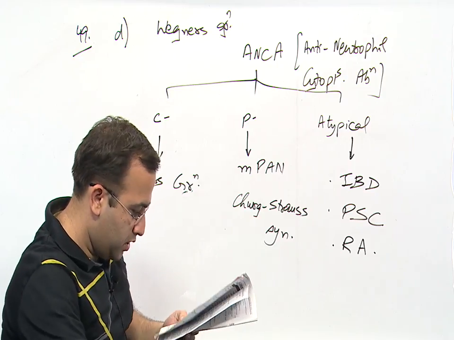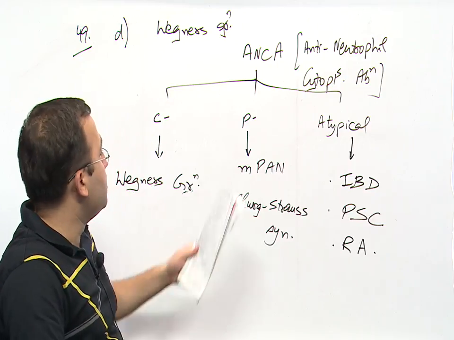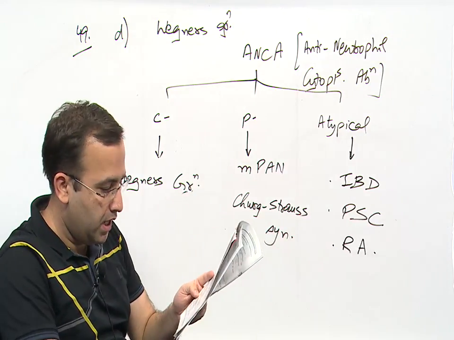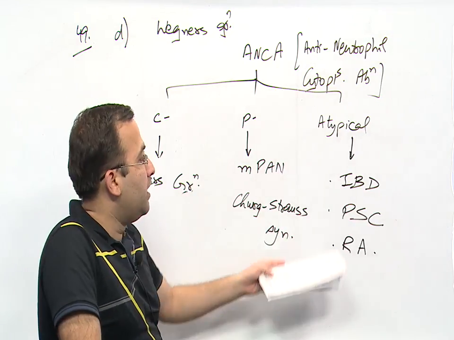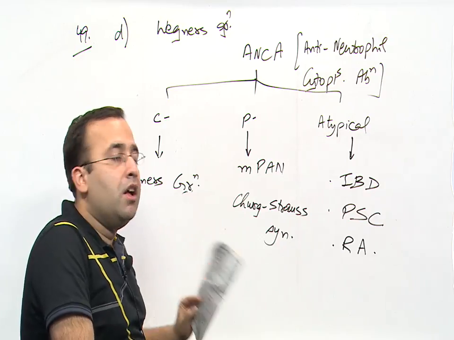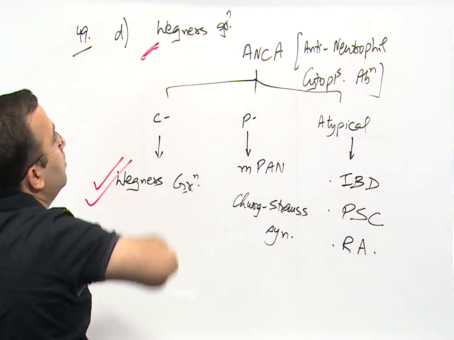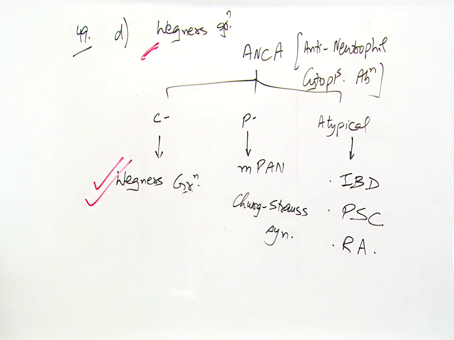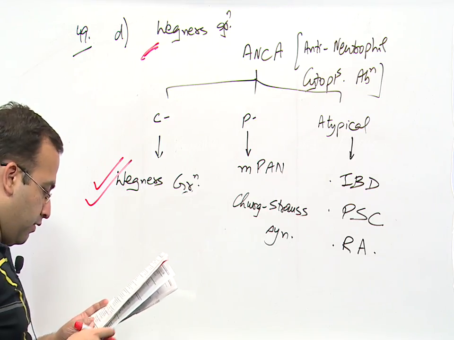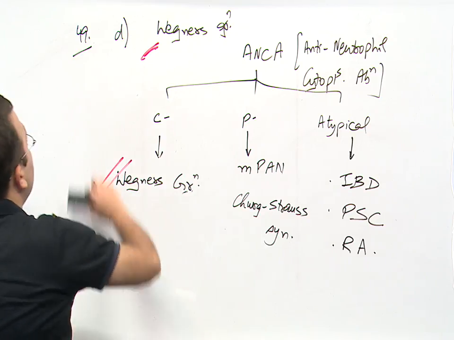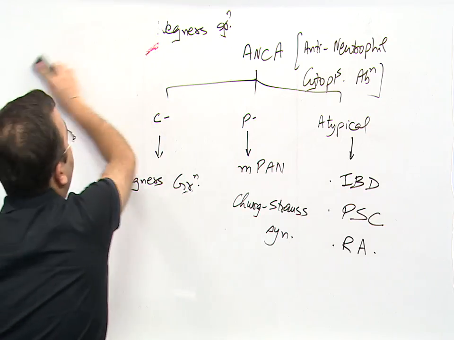So the question asked you, P ANCA is associated with all except. Please don't get confused with IBD or ulcerative colitis, it can have a subtype of P ANCA. The answer is Wegener's granulomatosis because it is C ANCA positive. Next point. Coming to the next question, that is question 50.